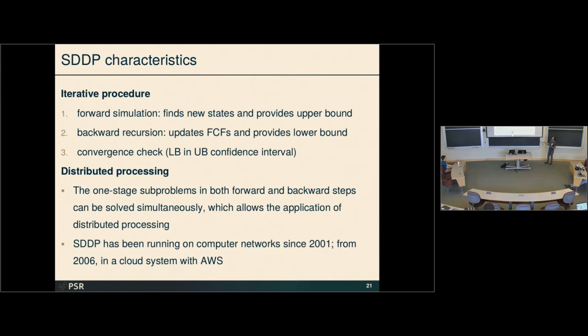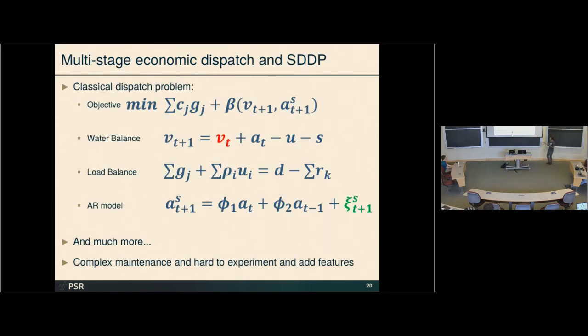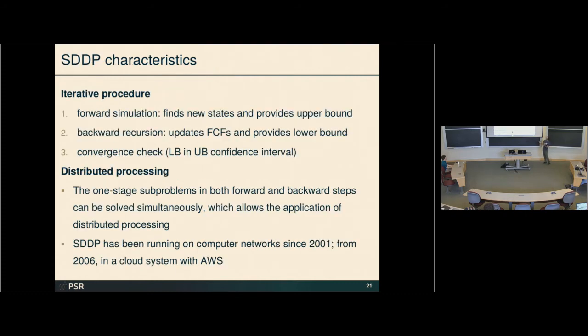Just to get a glimpse of how SDDP works, given what we call a subproblem for one stage, this is just a problem for one stage and one fixed scenario. You decompose all your stages and all scenarios into problems like that, and then you couple them in two kinds of iterations.